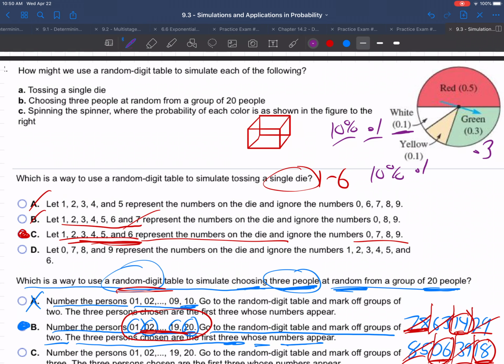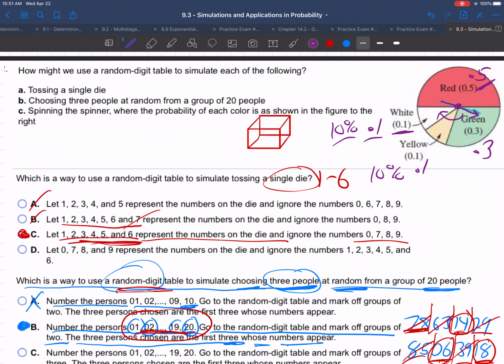The green is 0.3, the red is 0.5. So that means out of 10 digits, we're going to use a random digit table to simulate the real life activity of spinning this spinner. We're going to spin this spinner around, let it go round and round, and want to find out what region it lands in, red, green, yellow, or white.